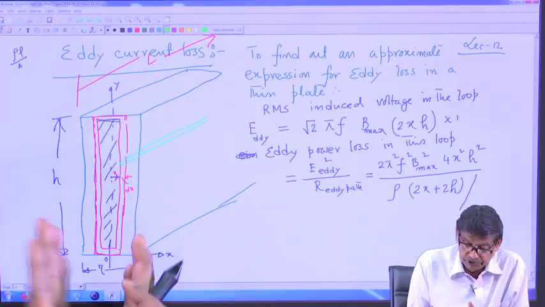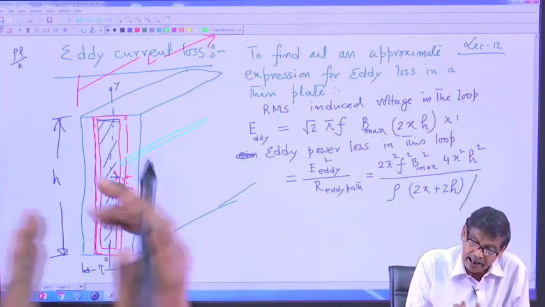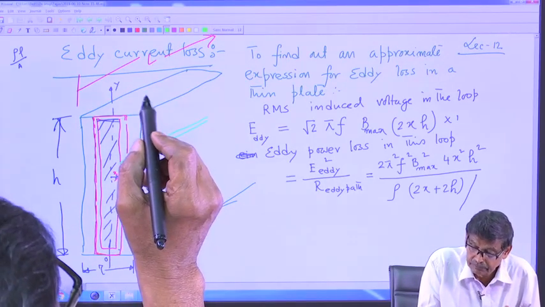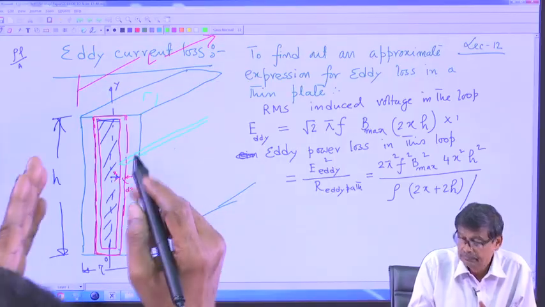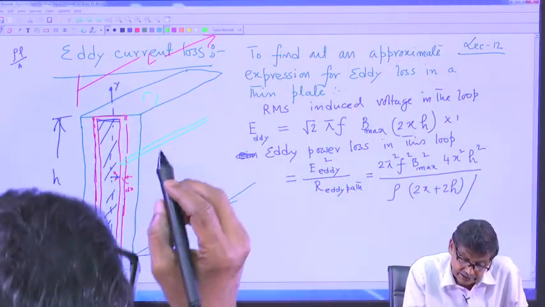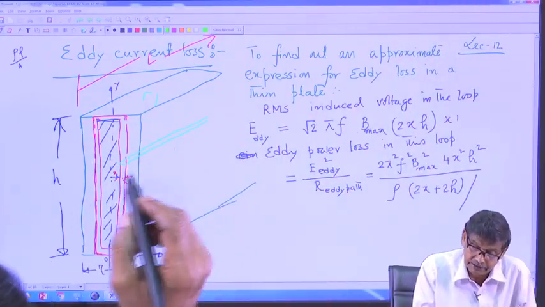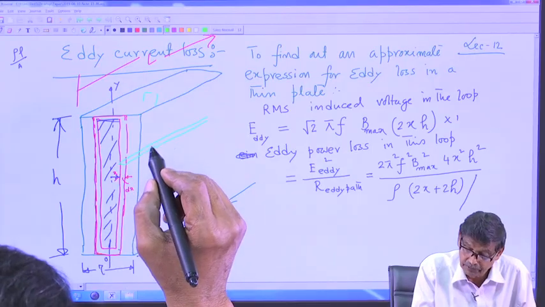Loop is positioned at a particular x and it is here also, and eddy current path will be what? It will be perpendicular to this area.